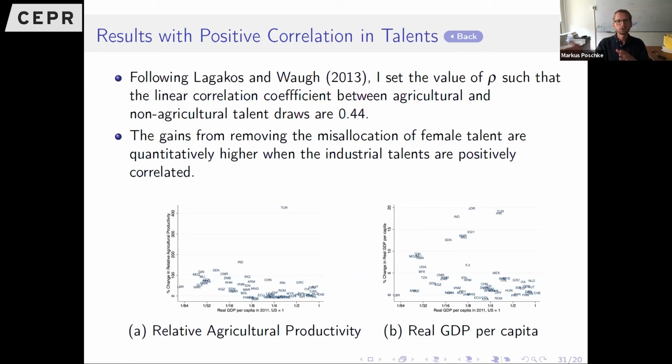Now you distort them out of the other activity, they go into farming, but they're actually better farmers than the women who are already in farming. So it's not completely obvious that this distortion that leads to more women in farming is going to reduce agricultural productivity. And by the way, that's a comment that applies to Lagakos and Waugh generally too.